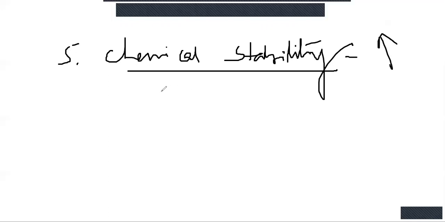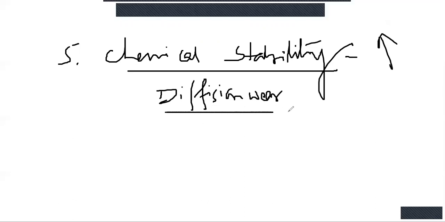Otherwise, there is a chance of diffusion. We already know diffusion: if the chemical stability is not high, then diffusion wear occurs at the tool chip contacting regions, so that there is atom transfer between the tool and the chip material or job material.